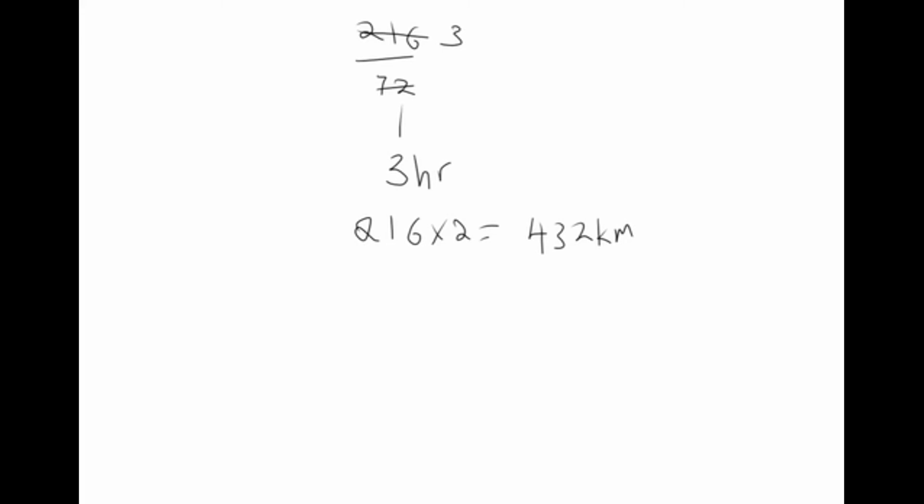This will be our distance. Then time taken, we take the first 4 hours, 30 minutes. We add 3 hours. Here we have 30. 4 plus 3 is 7. 7 hours, 30 minutes.